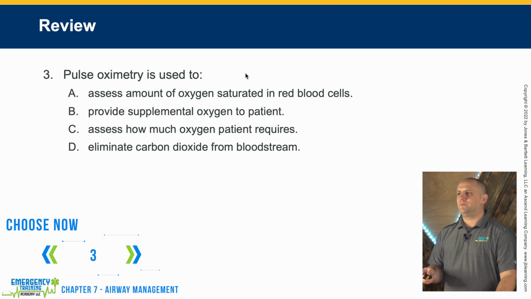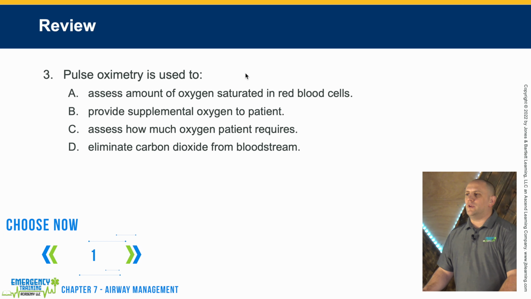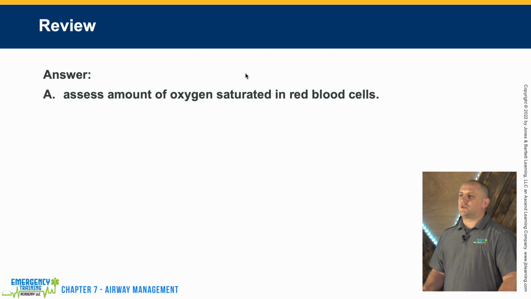And the answer for this one is going to be A. Pulse oximetry is used to assess the amount of oxygen saturations in the red blood cells. It can also be used to help us target our oxygen delivery, but specifically pulse oximetry is used for the assessment of the oxygen saturation.